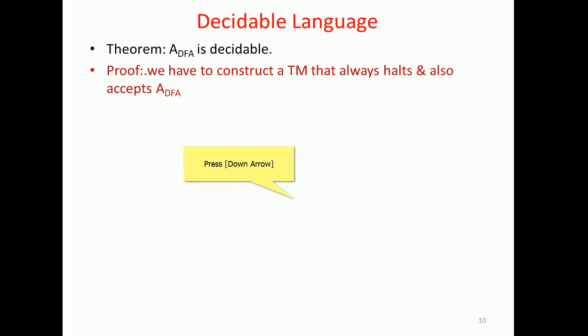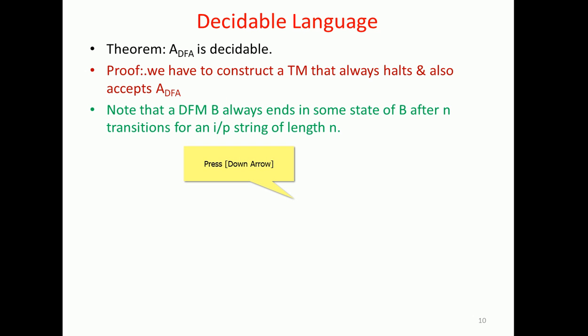We have to construct a Turing machine which always halts and decides A_DFA. After constructing it, the Turing machine should be able to halt after accepting the particular string W, for the machine called A_DFA.